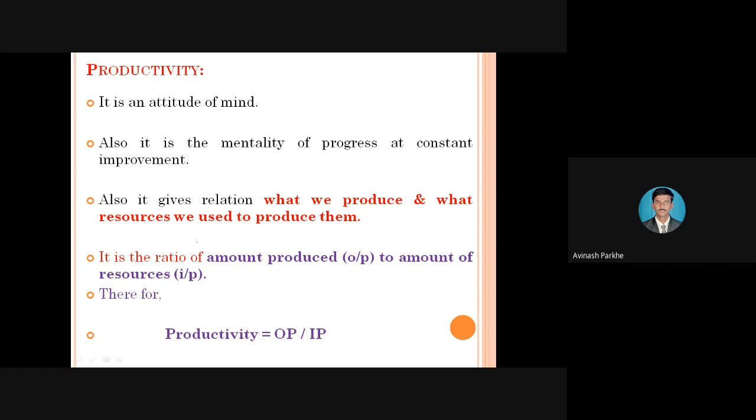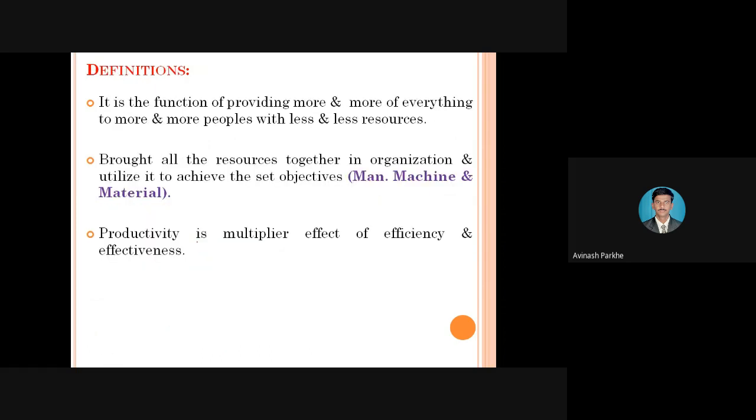Therefore here we have discussed some important definitions. Three definitions we have discussed. First, productivity means we have to provide more and better to each and every person with fewer and fewer resources. As per the customer requirements and needs, for that purpose we have to go for a market survey, and according to the market survey we have to identify the needs of the customers and satisfy them in all respects.